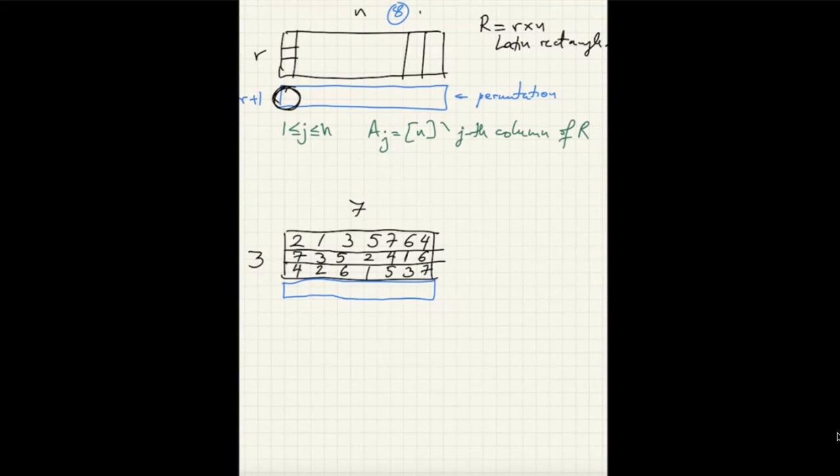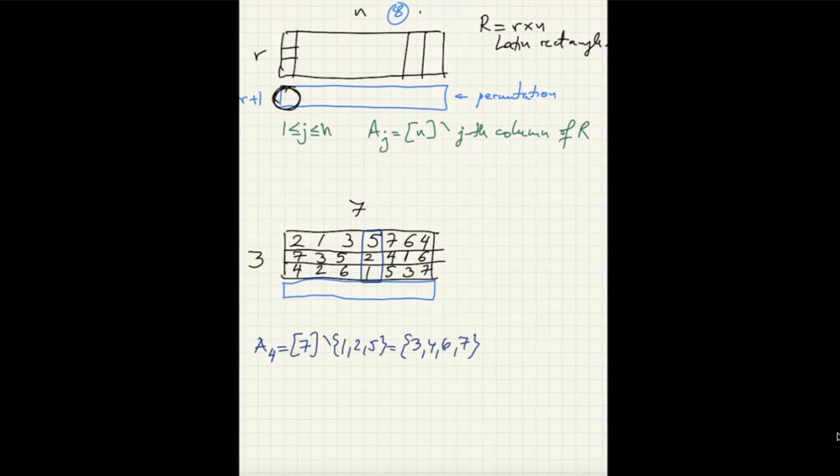So in this particular case here, let's write down what would be, let's say, A4. So 4 is this column. You want to keep there all the elements from 1 to 7, but you throw away 1 to 5. So this is the same thing as 3, 4, 6, and 7.